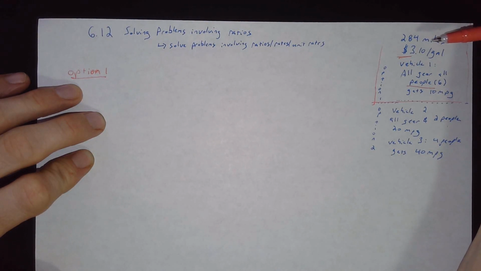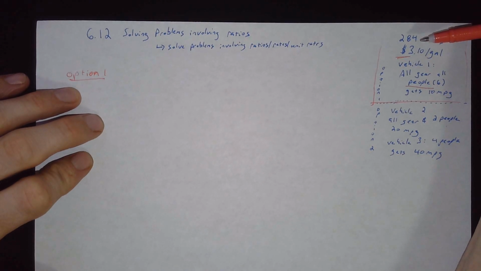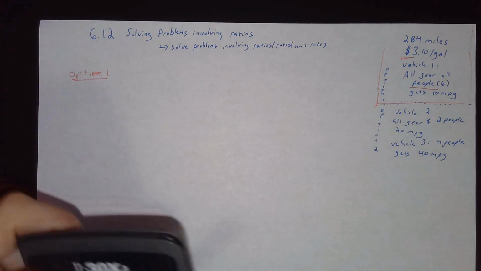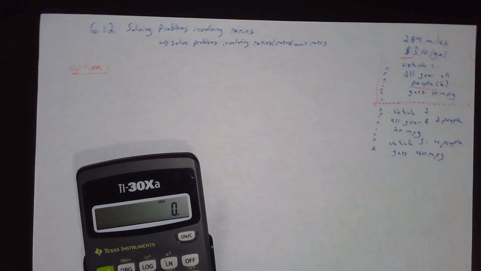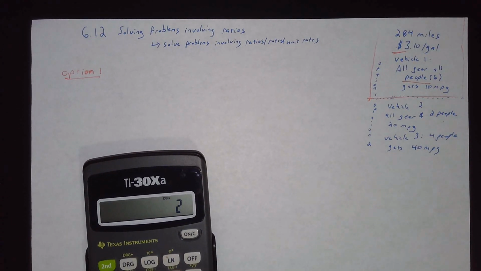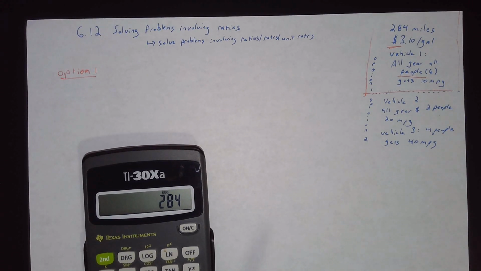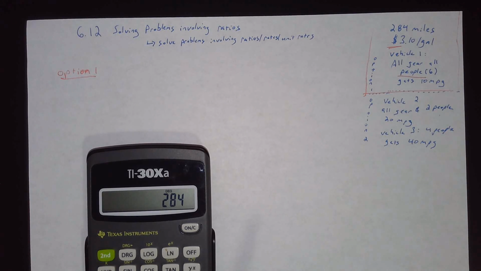So this is 284 miles to Venice, right? Well, 284 miles is just one way. So we have to go there and back. So we've got to go there twice, so we have to multiply that by 2.